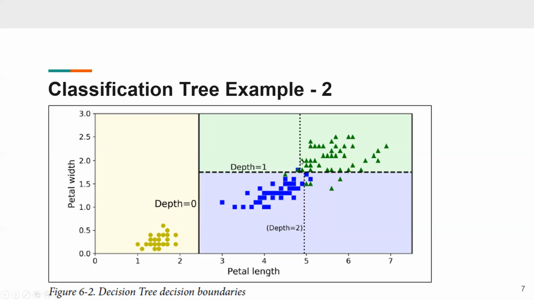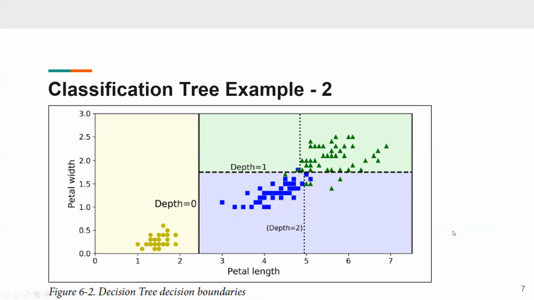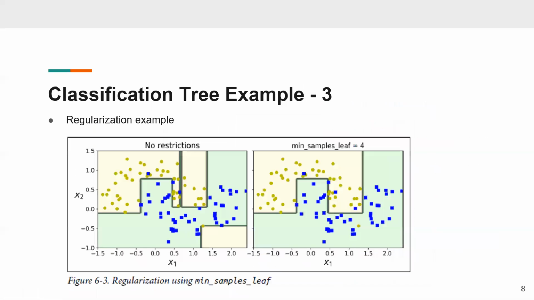So that's the split. Of course, you could continue to split by doing one more split. Here is not related to this example, this particular chart. That's decision tree, decision boundaries.